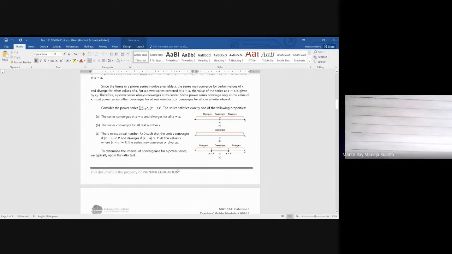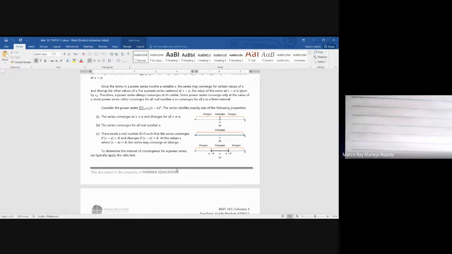So to identify the interval of convergence and the radius of convergence, the number one rule, we can only use two methods here. I hope you could recall the ratio test and the root test. Sometimes the root test. So those two methods.